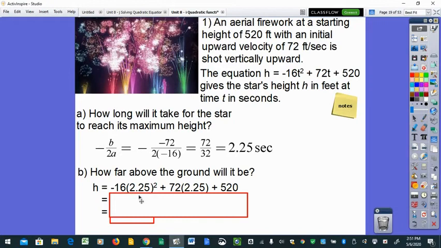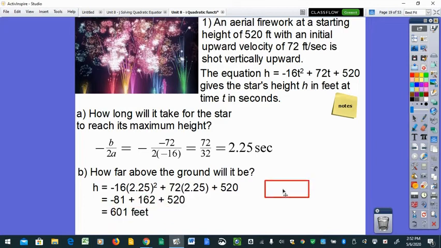I always kind of catch things in the parentheses. In this case, the parentheses aren't necessary in the calculator because it's positive. So negative 16 times 2.25 squared plus 72 times 2.25 plus 520, and I will get the height. I add those all together, and it will be 601 feet in the air.